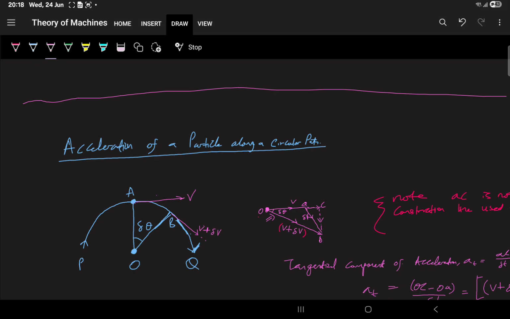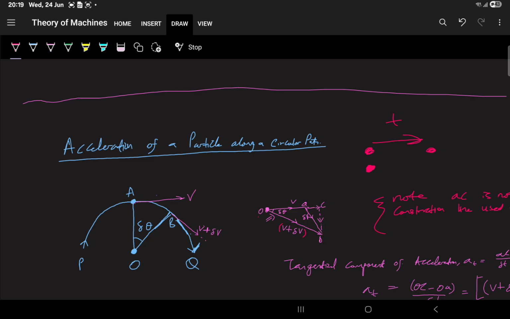Because think about it. Let's look at straight line motion to make it simpler. If I start at point A and move to point B within a time interval, let's say t, now if there's no time interval at all, it just means I'm still at the same point.